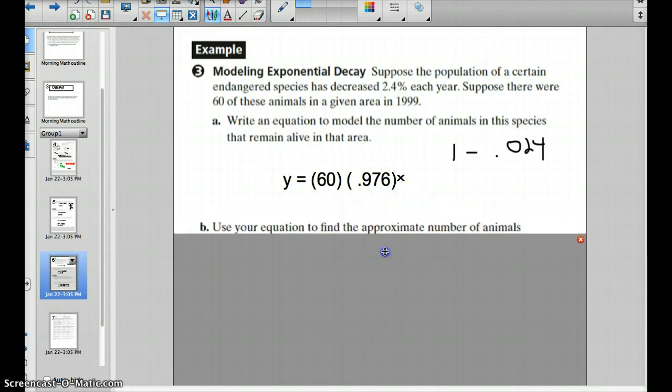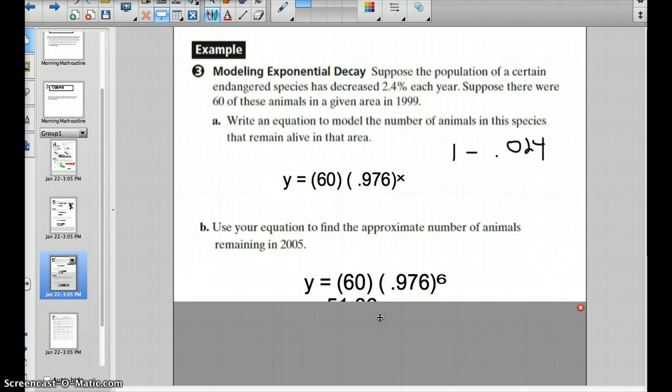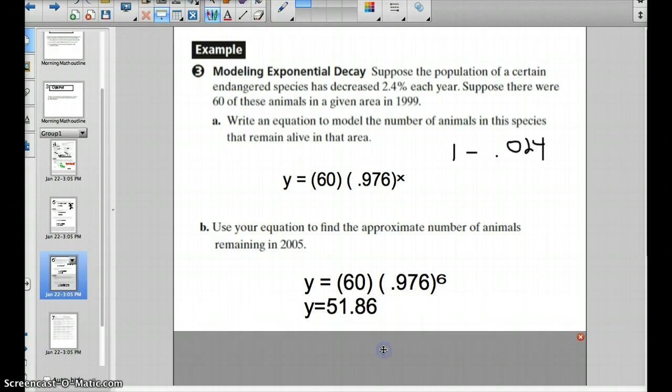So then if we want to know how many animals are going to be here after 2005, remember 99 is when we started, so we actually have 6 years that have passed. Okay, so at the end of 2005, if we plug in 6 as our exponent here and plug this into our calculator, we now only have 51.86 animals.